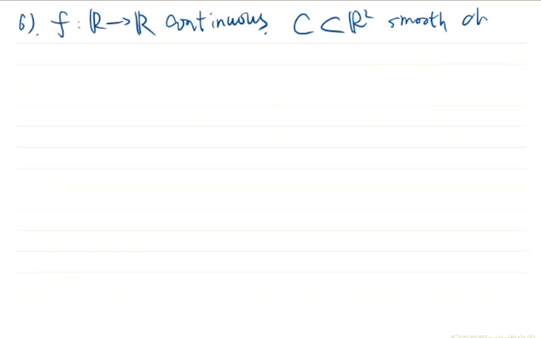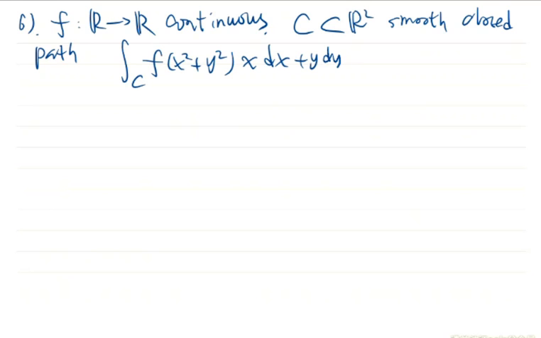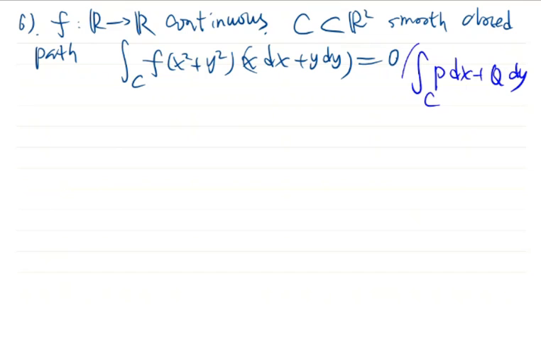Then we are required to solve this integral. This integral is of the form p dx plus q dy over a curve, over a path. This is what we call a flow integral.